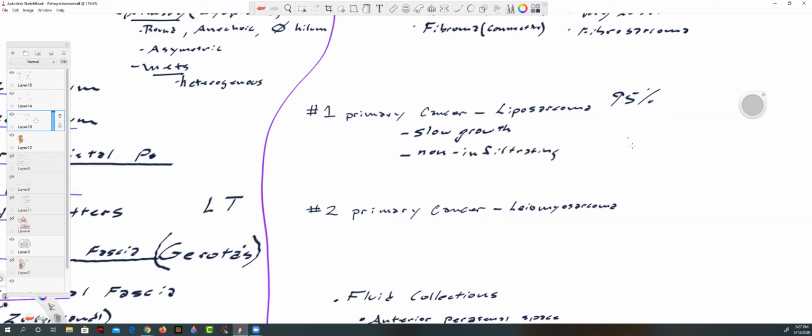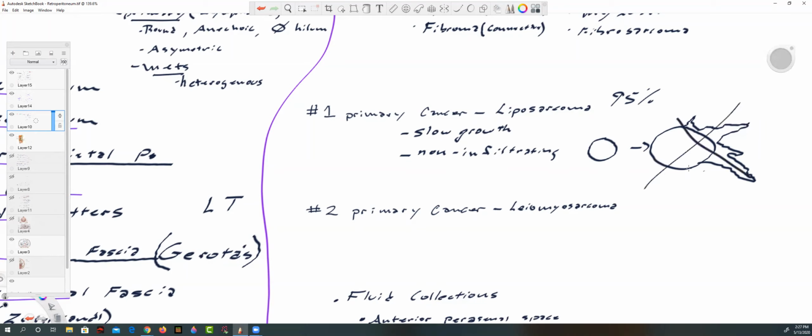Non-infiltrating. That's a good thing. In other words, they grow bigger and bigger and bigger, but what they don't do is get these little growths. A lot of times cancers will do this. They'll grow out into other tissues. Non-infiltrating, it will not do that.